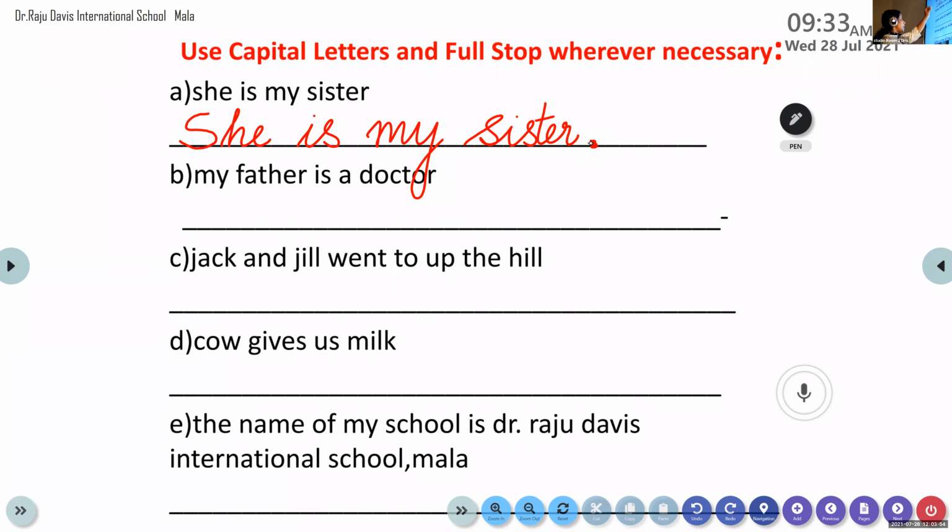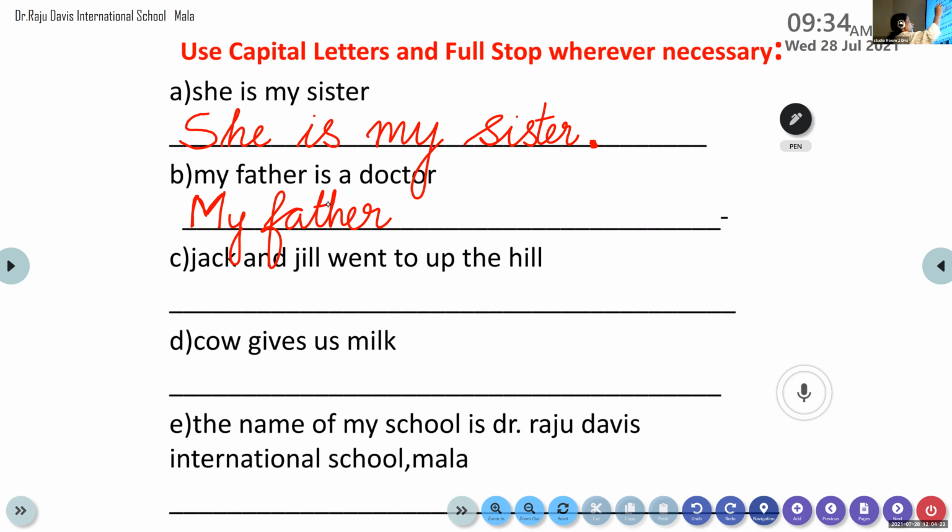My father is a doctor. We know while writing a sentence, the two rules we need to follow: the first letter should always be written in capital letter. Okay, so my father. The first letter should always be written in capital letter. Yes, M should be written in capital. We have to write the capital M there.